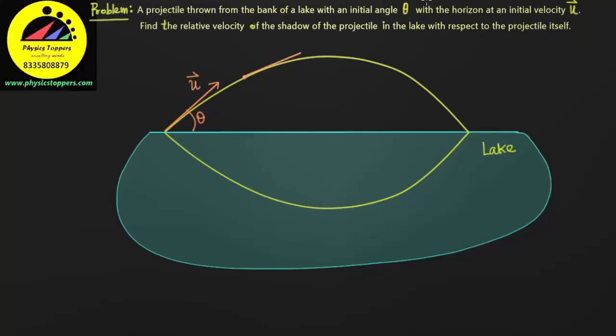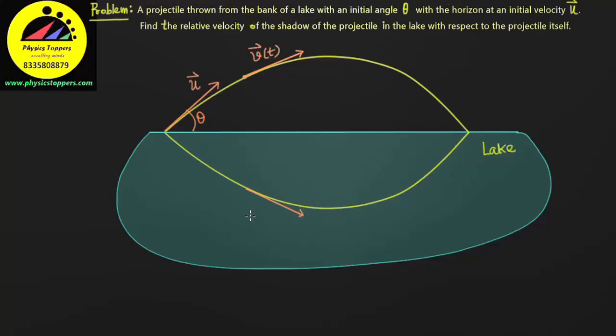It's tangential to the curve, so it's Vt. Now the point is, the velocity of the shadow will be exactly a reflection of this, right? So it should be in this direction, correct?